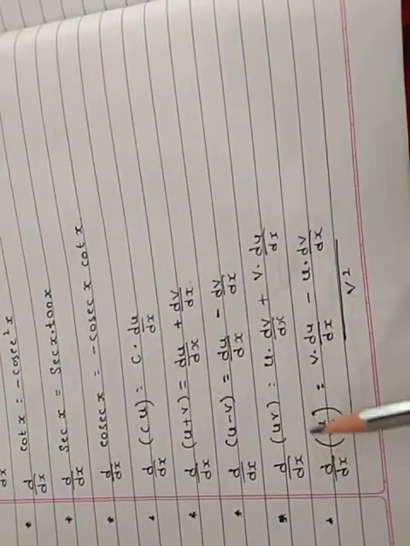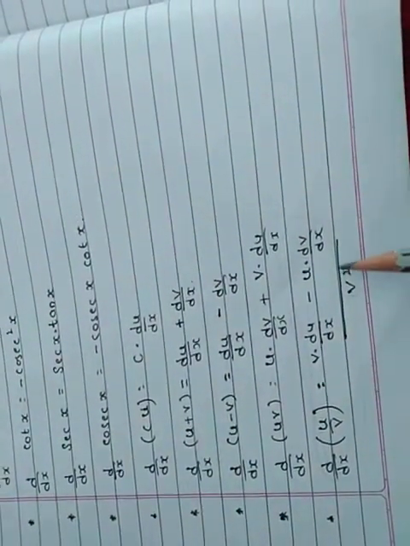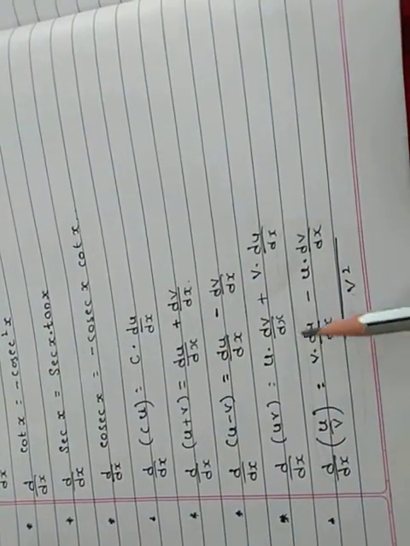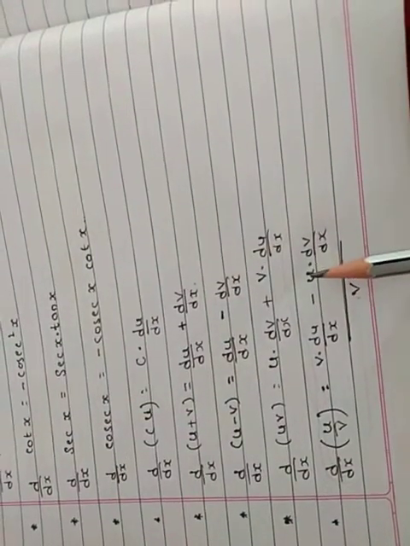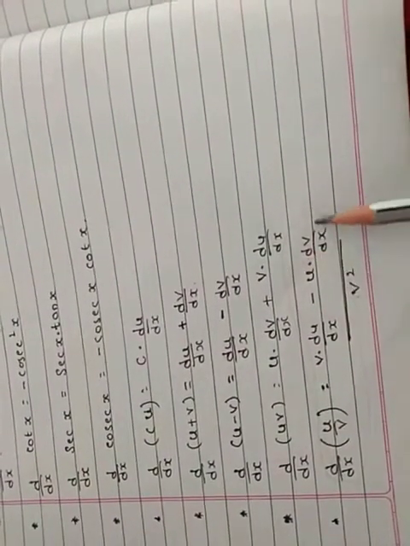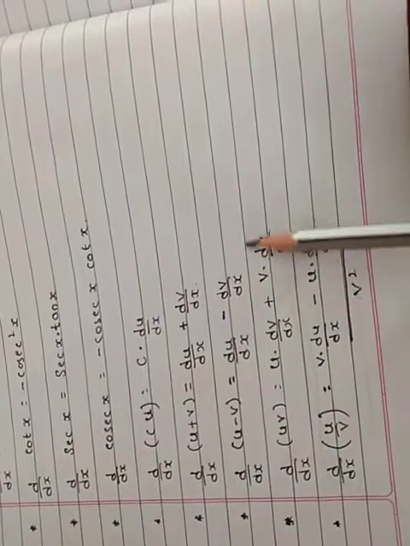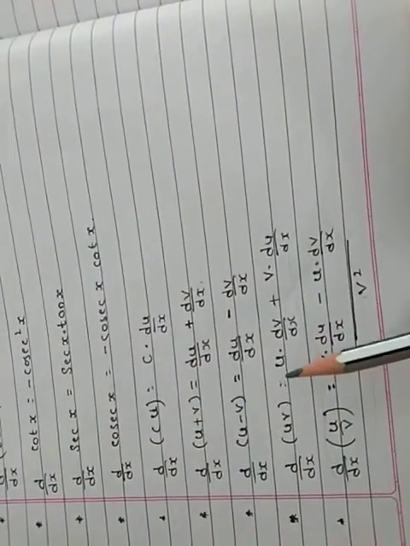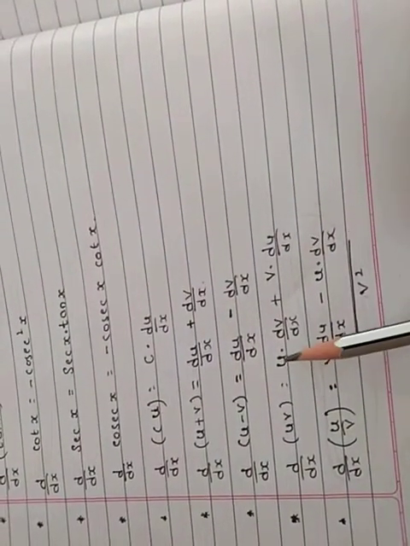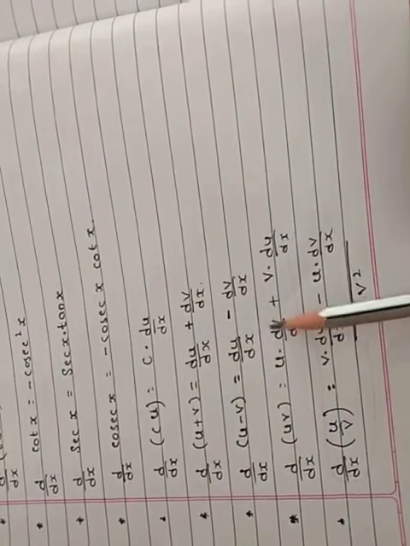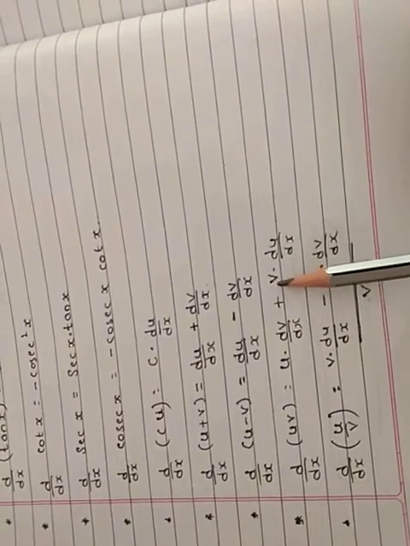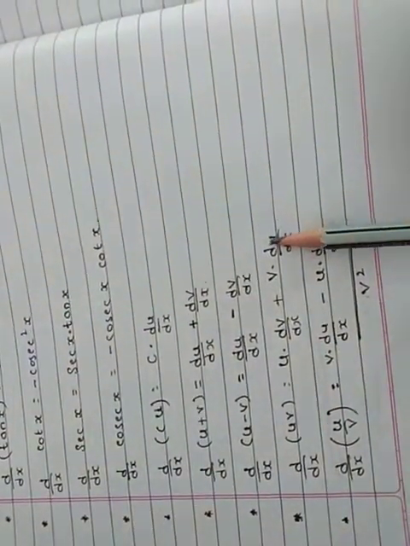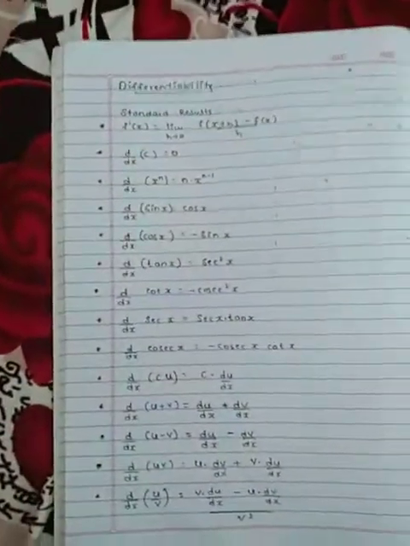When we apply the quotient rule, it is denominator square, and in the numerator, denominator into differentiation of the numerator with respect to x minus numerator into differentiation of the denominator with respect to x. The product rule is also like that: differentiation of the first function as it is into differentiation of the second function, plus the second function treated as constant into differentiation of the first function. Pause the video to note it down.